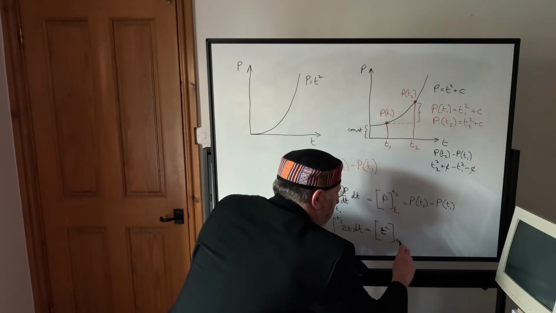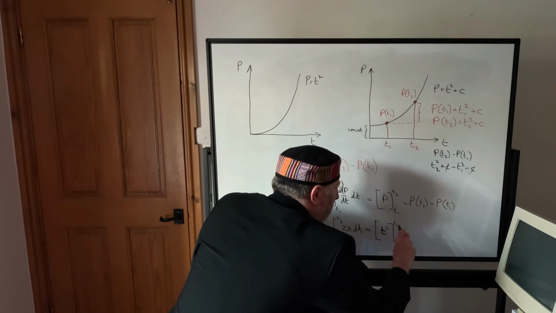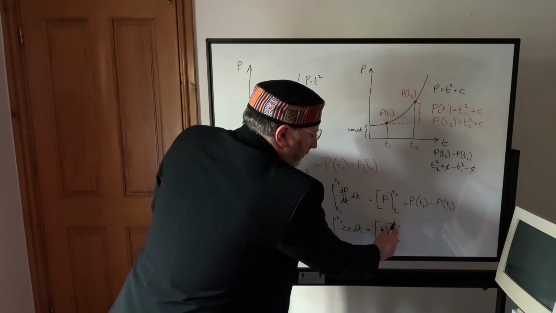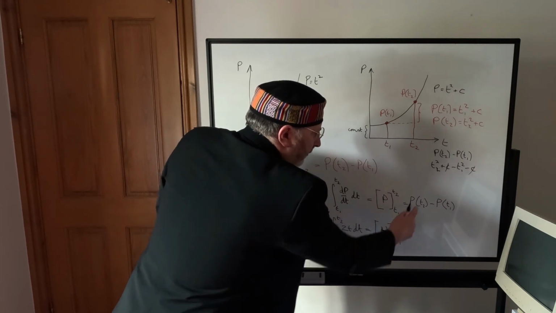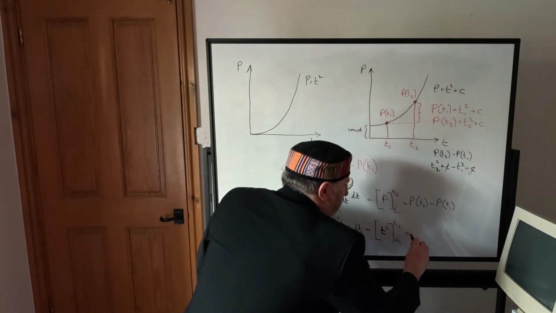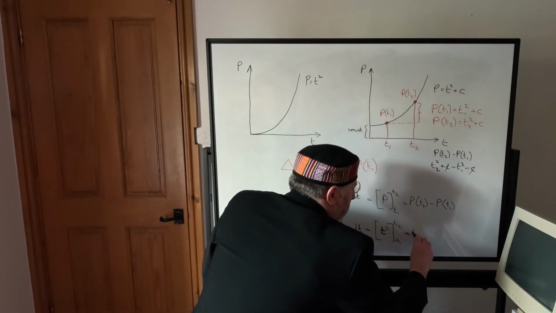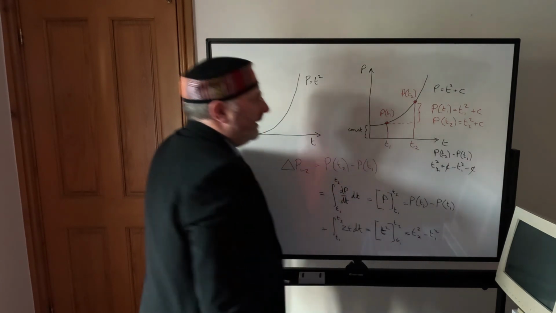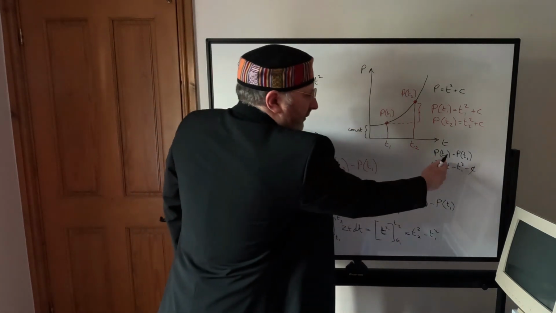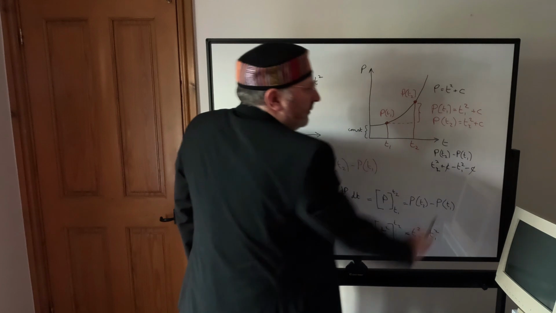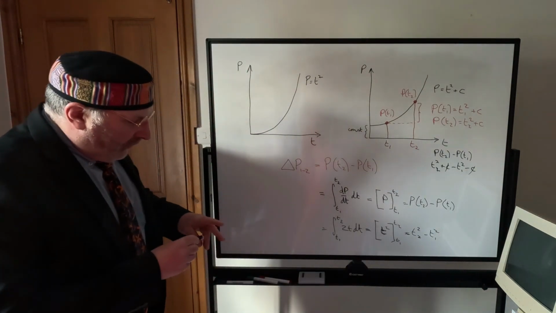And that's taken between t1 and t2. And so what we do is just put the t into this. As I say, it's P of t2 minus P of t1. So that's going to be t2 squared minus t1 squared. And that is what we've already seen up here. P of t2 minus P of t1 in our example is t2 squared minus t1 squared.